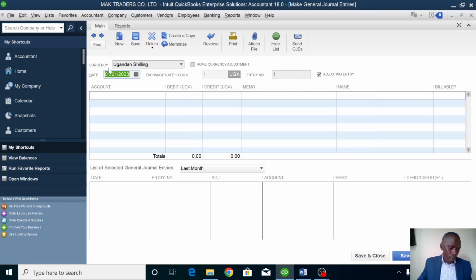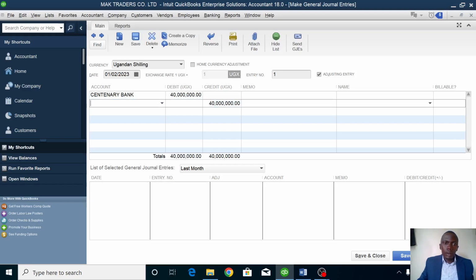It was on 2nd, so we change the date to 2nd. We are going to debit our bank, which is Centenary, with 40 million.